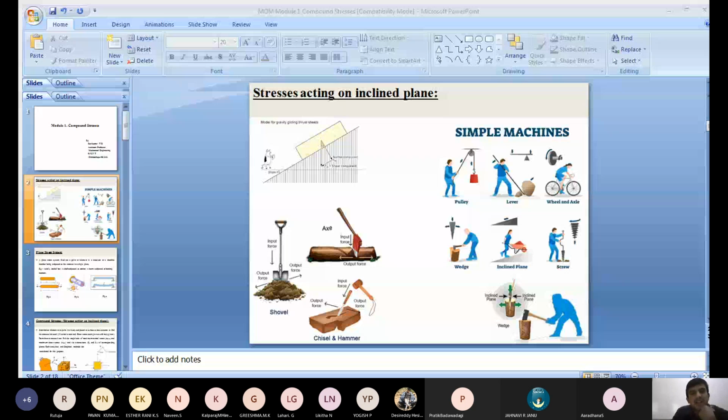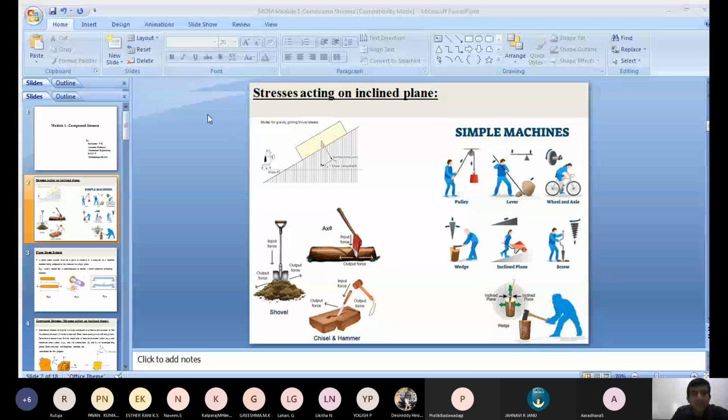Then we can say that the body is subjected to two forces: one is the normal component, another is the shear component. The normal component produces normal stress, the shear component produces shear stress.